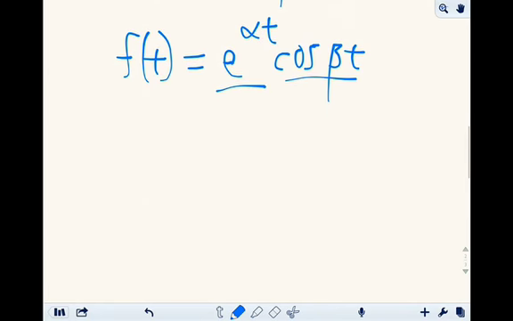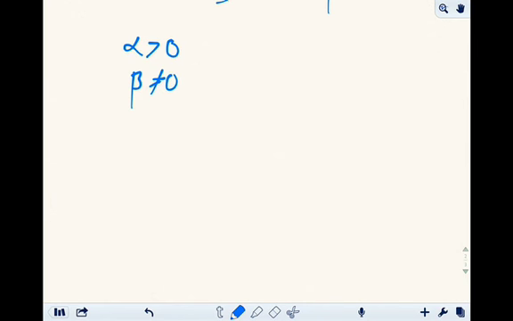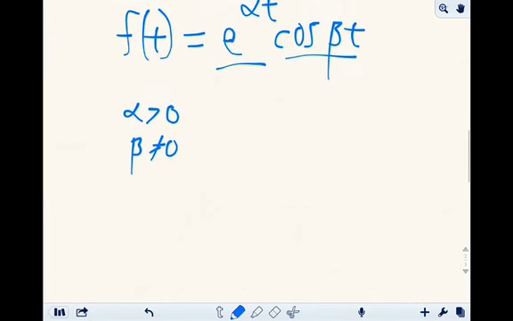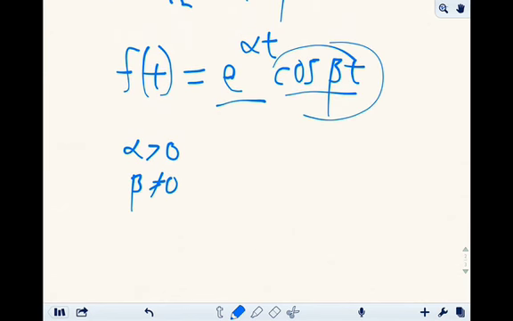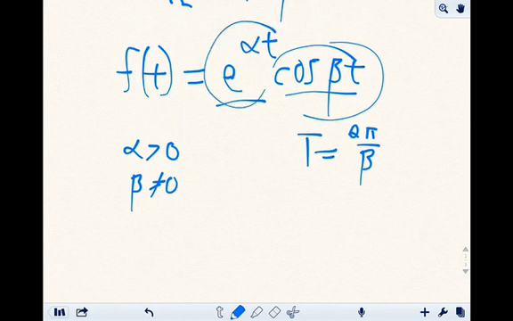We get different kinds of solutions. If alpha is greater than 0 and beta is not 0, this part here is just going to oscillate with a period T equals 2 pi over beta, and it will oscillate for eternity, but it's being modulated by this time-dependent amplitude here.